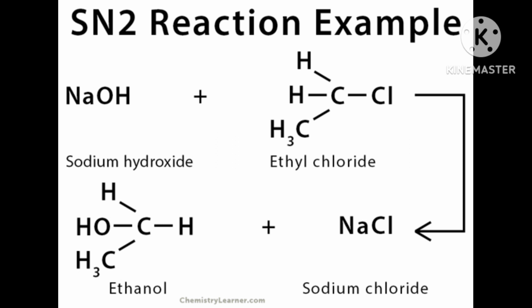Then what will happen? Resonance will take place. This is a carbocation, correct? CH2 plus is there, and from that carbon benzene is attached. Now it became a benzylic carbocation.